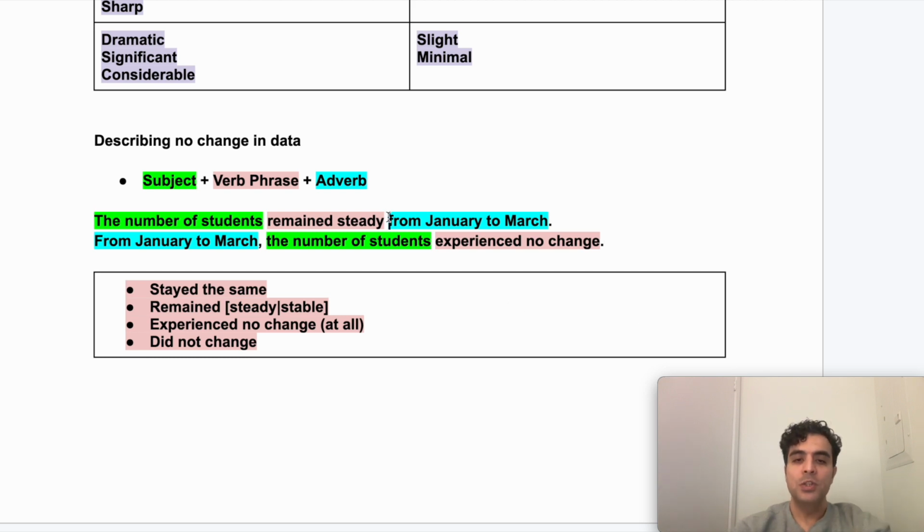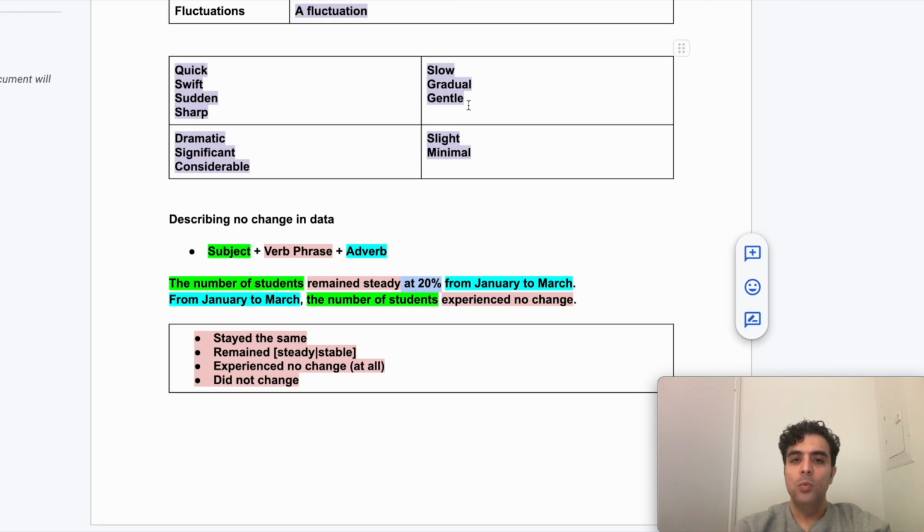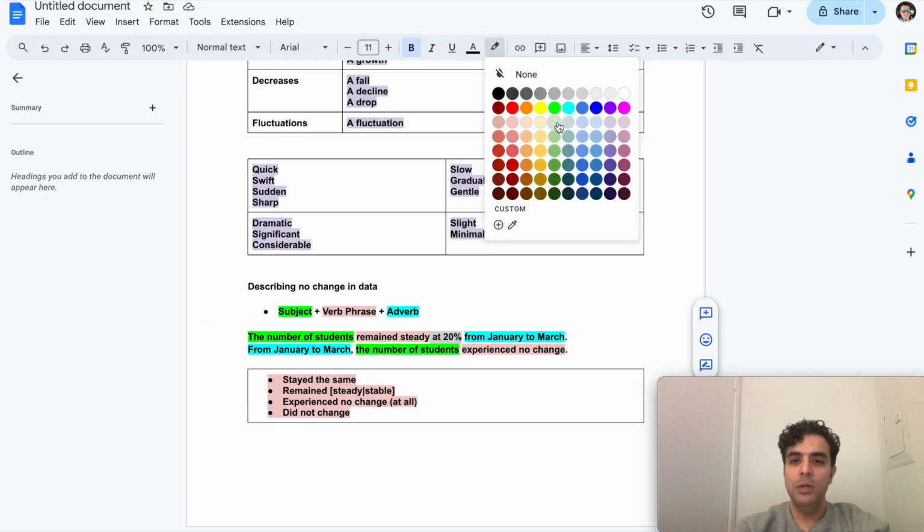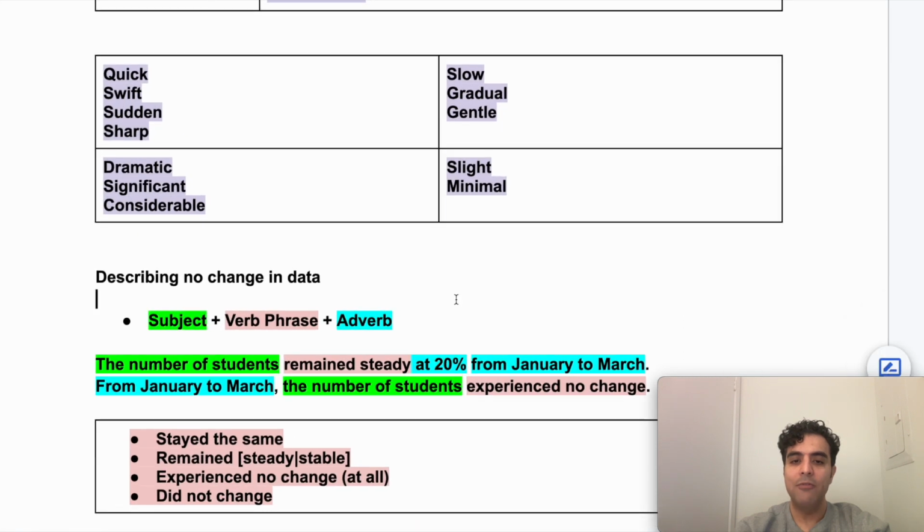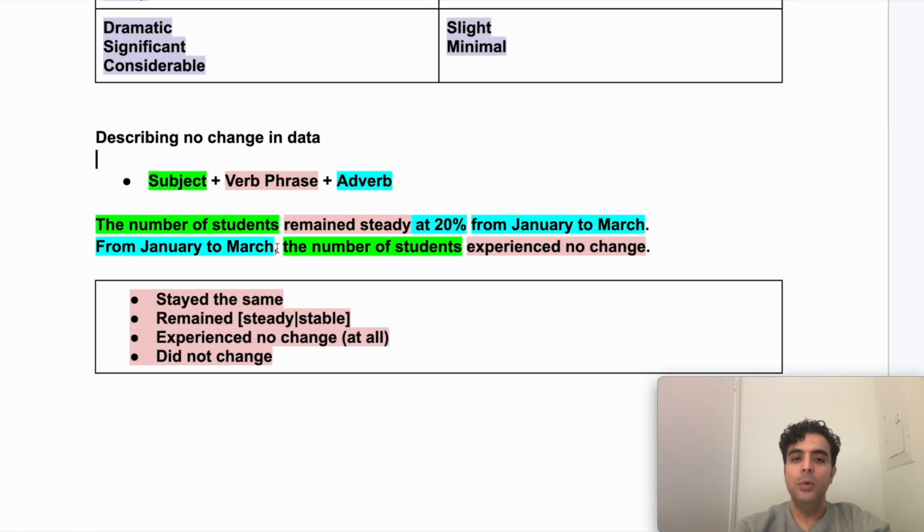I'll show you. So for example, you could say remained steady at 20% from January to March. So as you can see, again, the color coding would be the same because we marked all adverbs in blue. Or here we could say from January to March, the number of students experienced no change at 20%.